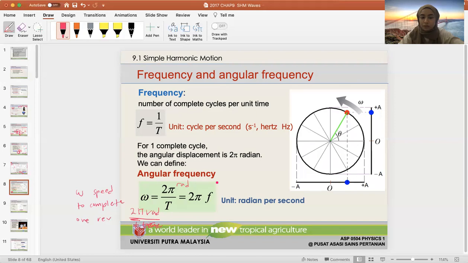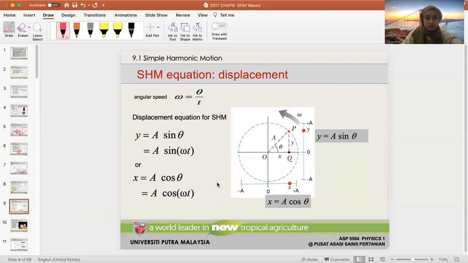The angular displacement is 2 pi radian. So angular speed is this angular displacement over time. And the displacement equation for simple harmonic motion is A, which is the maximum displacement.